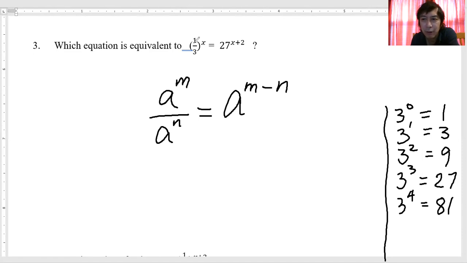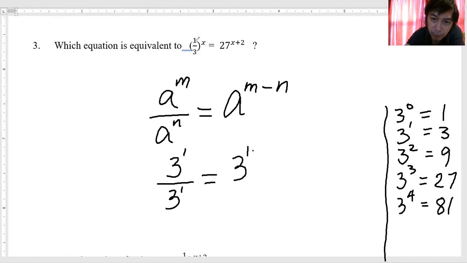How did you get 3 to the 0 equal to 1? Well, you can say 3 raised to 1 is 3, and then divided by 3 raised to 1 is also 3. So this is equal to 3 to the 1 minus 1, and this is equal to 3 to the 0. 1 minus 1 is 0.